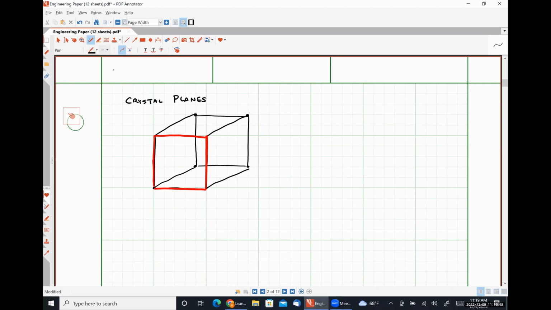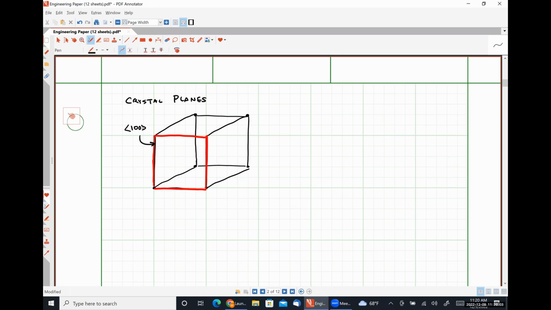So this first one here is representative of the 1, 0, 0 family of planes. Any of the faces of our cube would be represented by this particular family of planes.